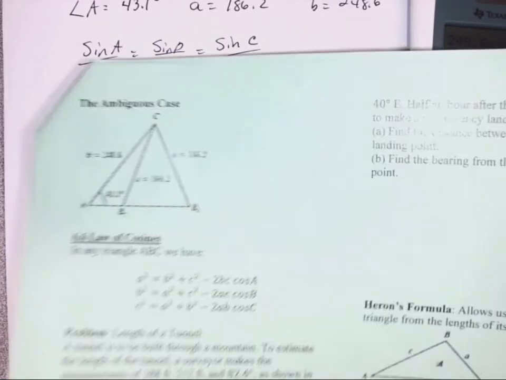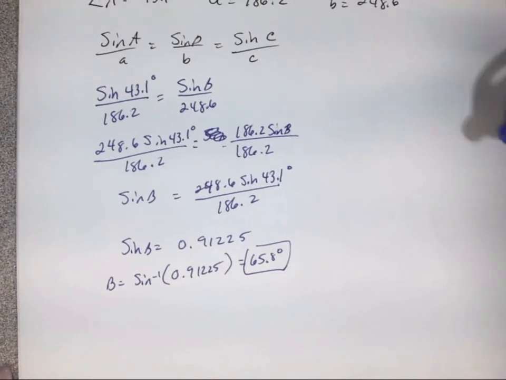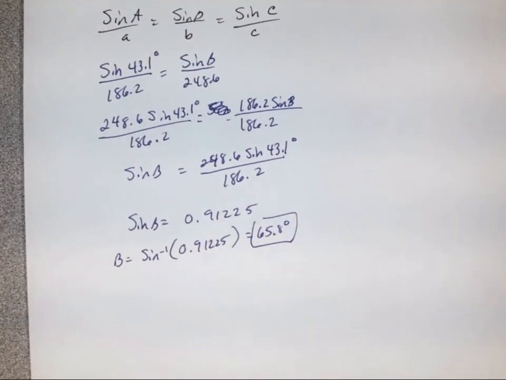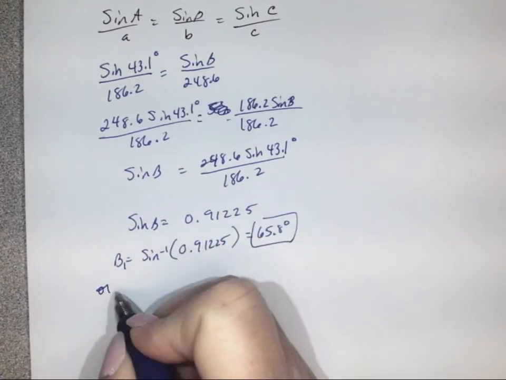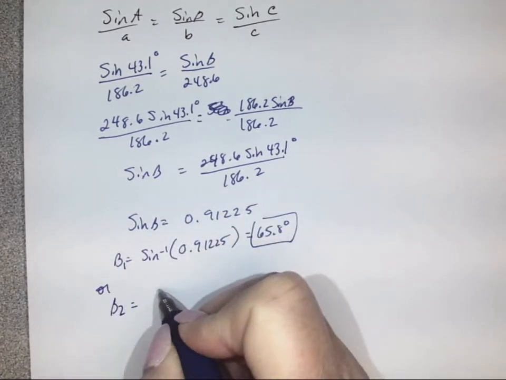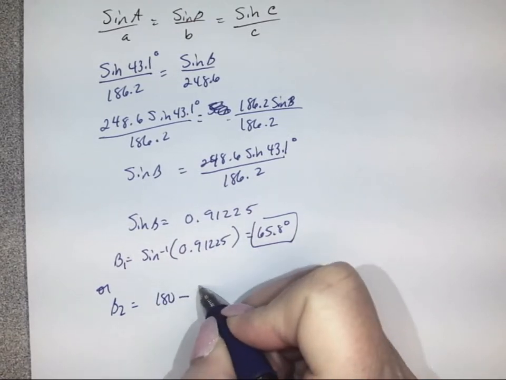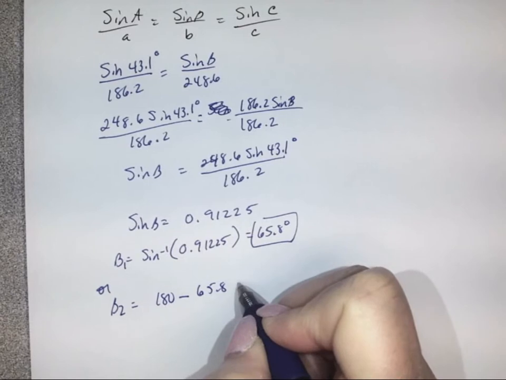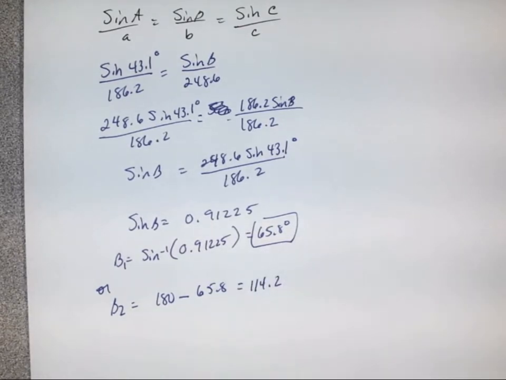This can be a second triangle. They don't happen very often, but I'm just letting you know that it could also be that. So this would be angle B1, or we can have angle B2. And we would find that by 180 minus the 65.8 that we found, which is 114.2.